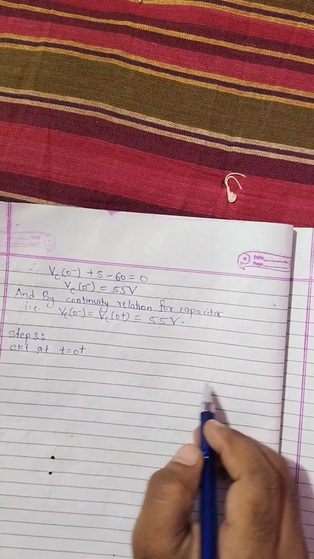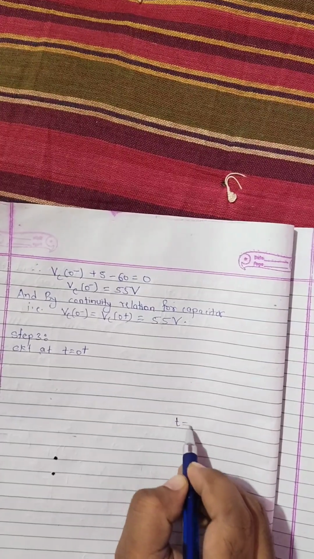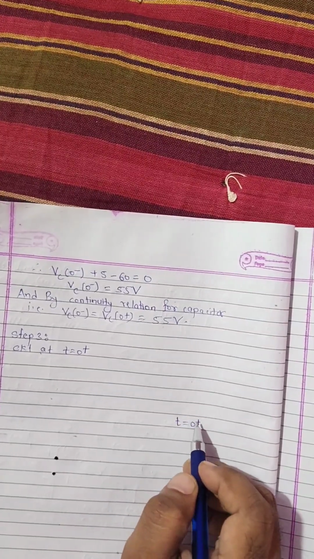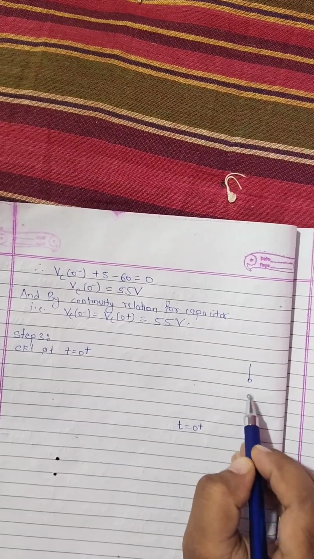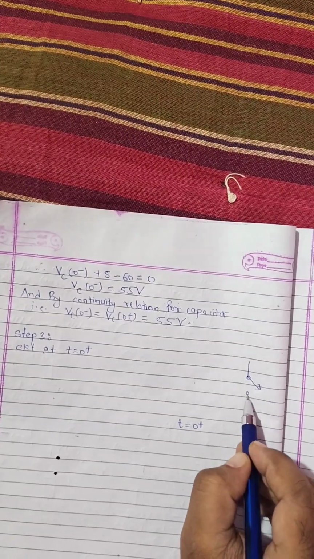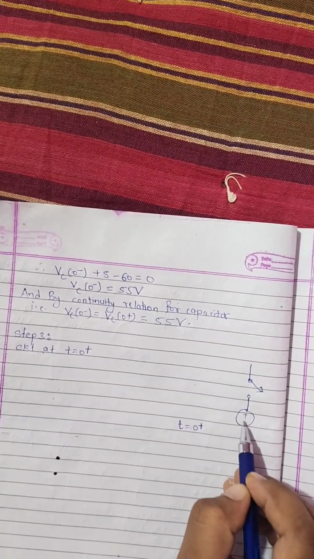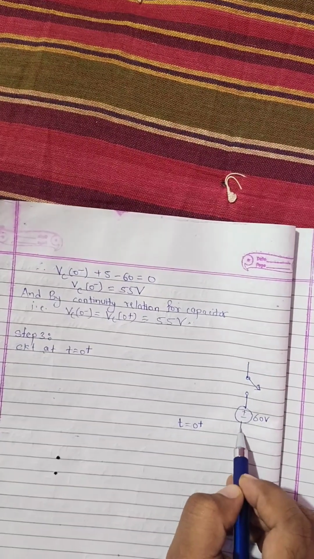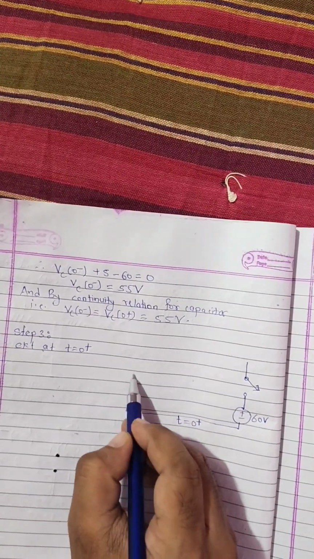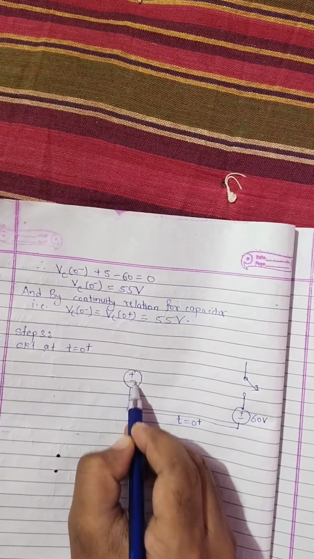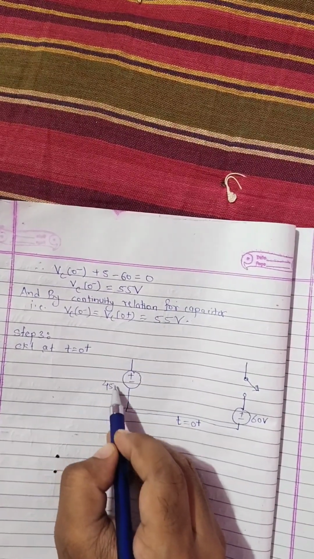So let us draw the circuit at t equals 0 plus. At t equals 0 plus, the switch will be in open position. This is the voltage source of 60 volt. This is the voltage source of 45 volt.